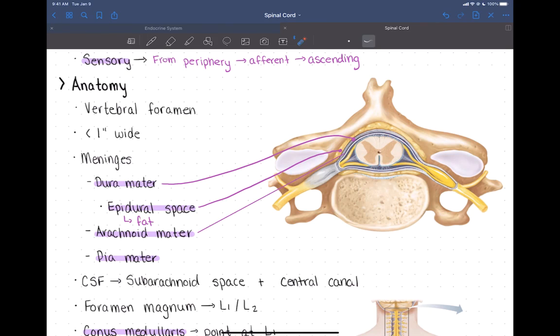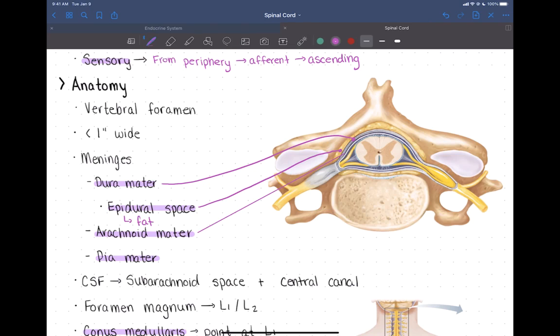This is the subarachnoid space. That subarachnoid space is where our CSF is going to be circulating around our spinal cord. It's also going to be located in the central canal, which runs down the middle of the spinal cord. So we'd have CSF moving through the central canal and the subarachnoid space.